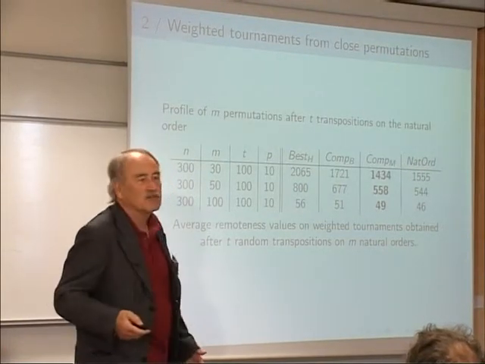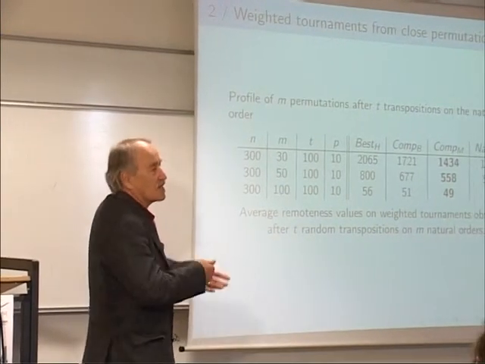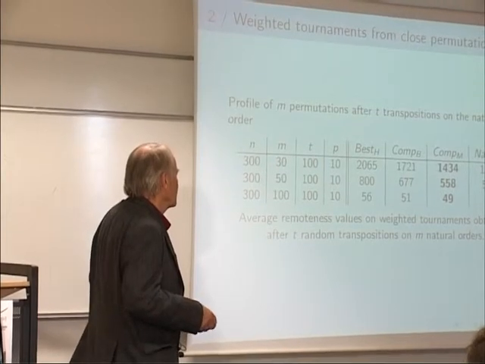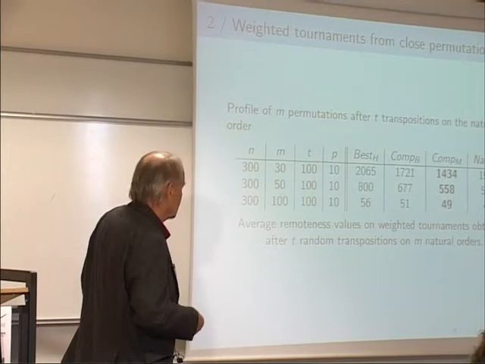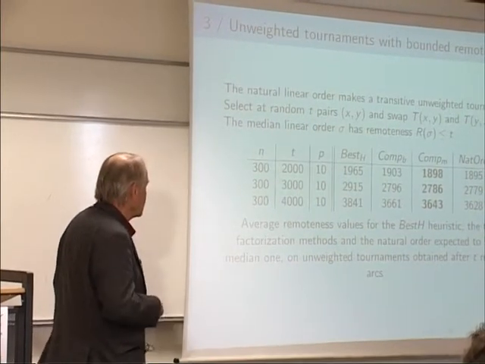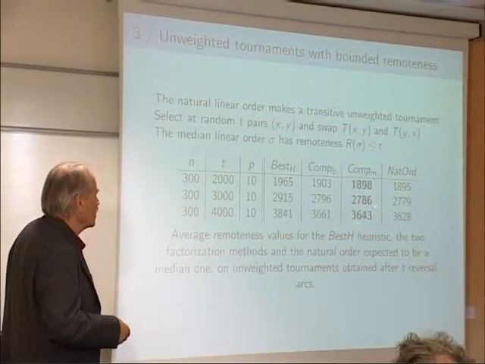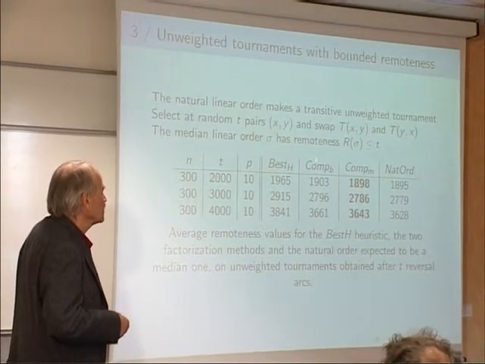which is suspected to be median, because I start from it and I just make free permutations. So sometimes it's better, sometimes it's not far from this solution. That's essential. And for unweighted tournaments, it's always the same result. It is always efficient to make a decomposition, because it's much better than the best heuristic.